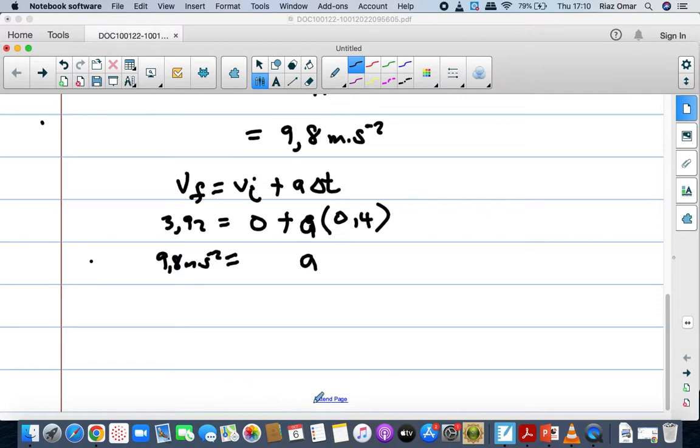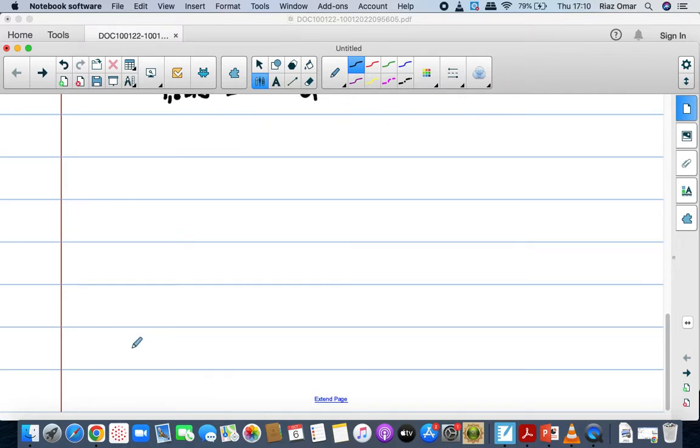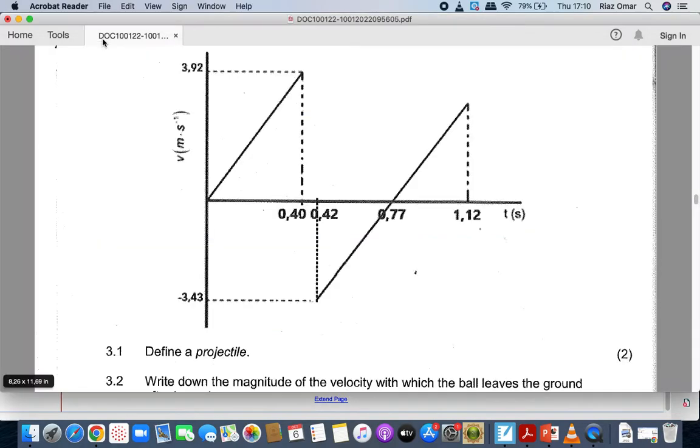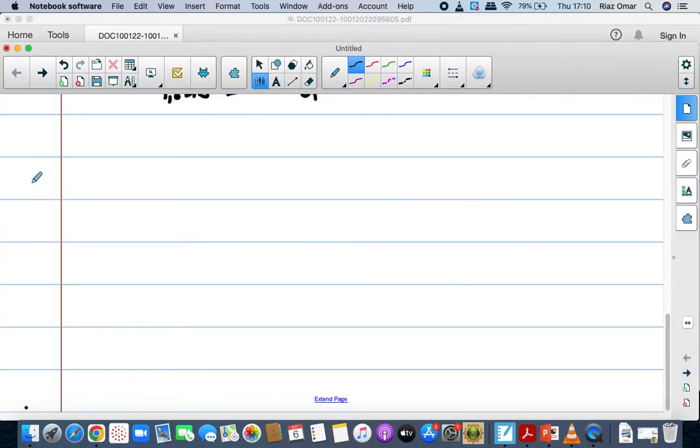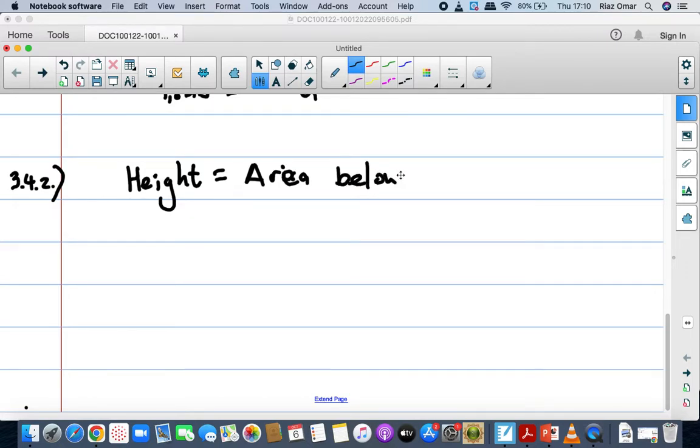Let's just put this down. So that will be equal to half of your base times your height.